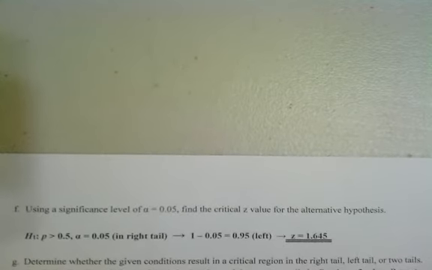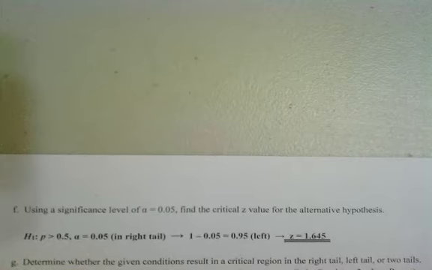So, using a significance level of 0.05 for alpha, find the critical z value for the alternative hypothesis. So again, this critical value is based on alpha. So if we have 0.05 in the right tail because of the greater than case, but remember the table 4, standard normal distribution, only goes to the left, so we're not going to look up 0.05, we're going to look up 0.95 within the table to find out what z-score matches the 0.95.